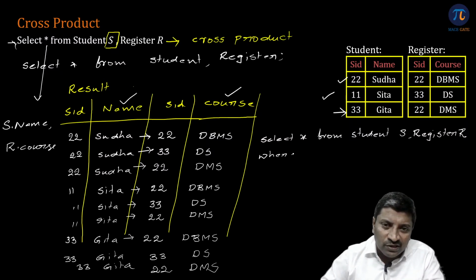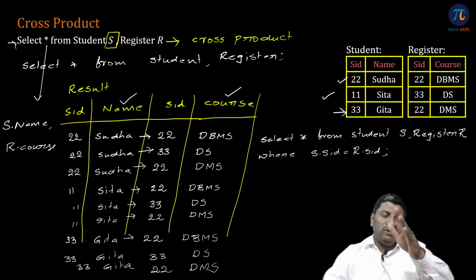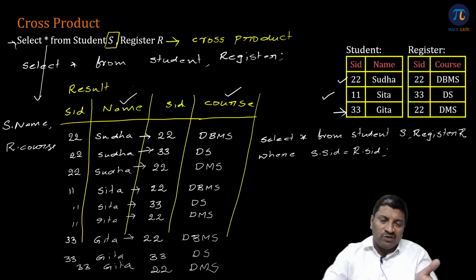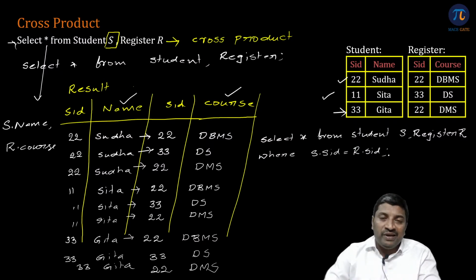What I want, where s dot sid equal to r dot sid, because whenever the student id in the first table is equal to student id in the second table, then we may get some relevant information, right?